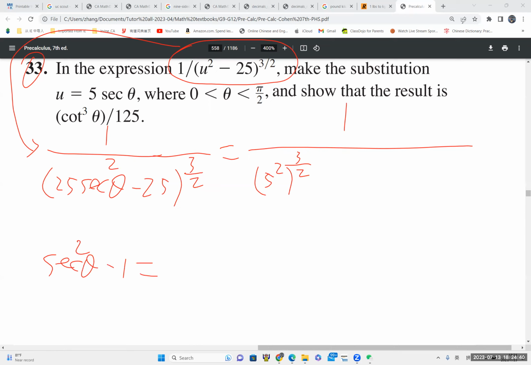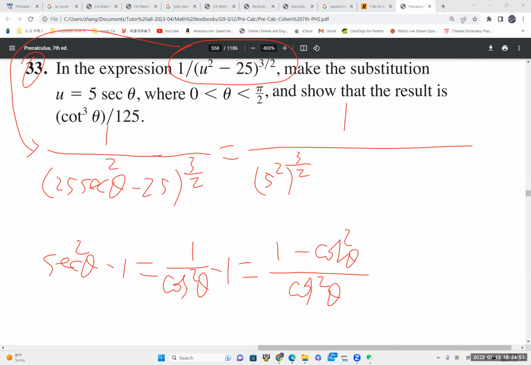So it's secant theta squared minus 1. This is 1 over cosine theta squared minus 1. Then it's 1 minus cosine theta squared over cosine theta squared, right?